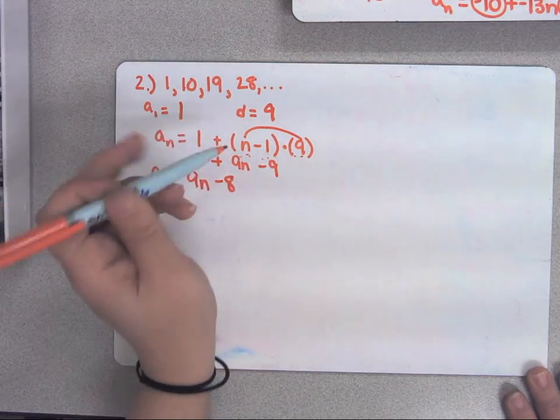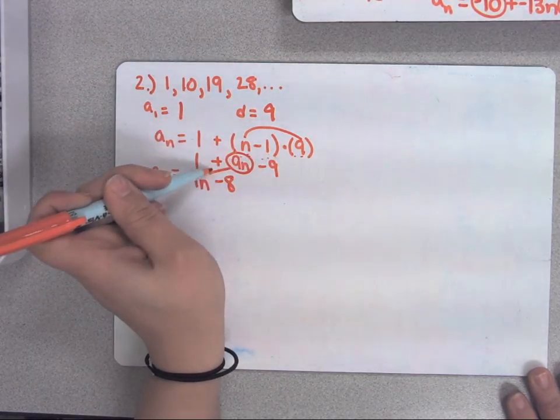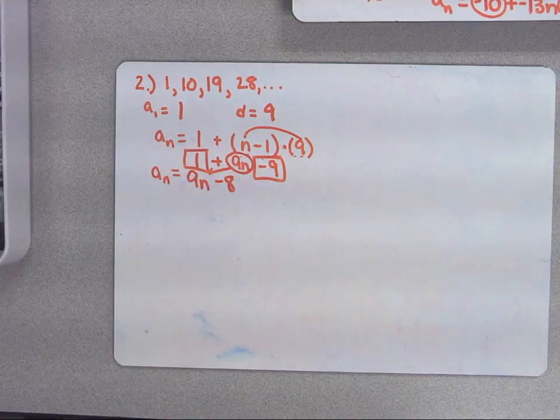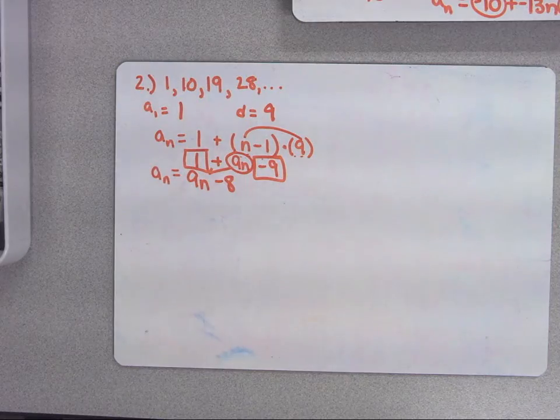Yes. Because the 9n has nothing, you bring it down, and then the 1 and the negative 9, you add them together. You distributed it, but you didn't give me the final answer. 9n minus 8. Yes. I'm not done.